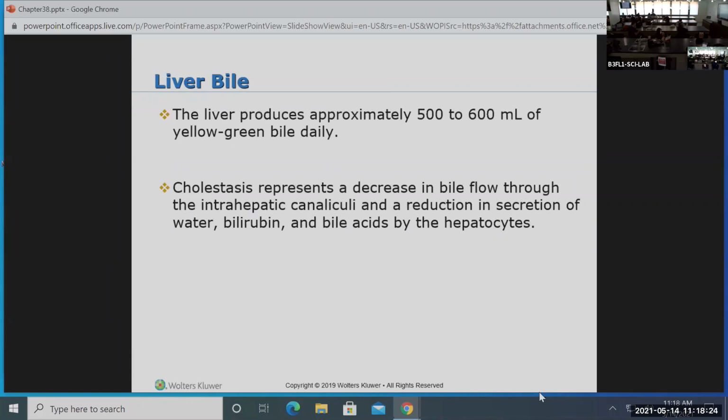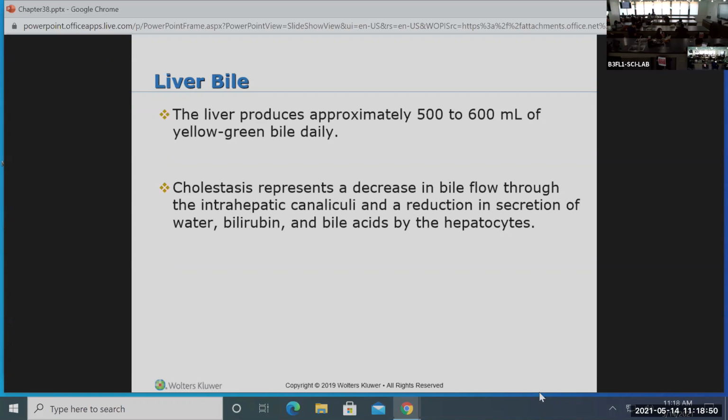Bile flow, liver bile. That's the secretion from the liver by the liver cells we call hepatocytes. So the liver produces approximately 500 to 600 ml of bile, which is yellowish green in color, per day.